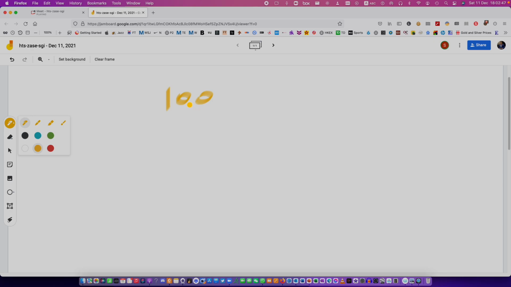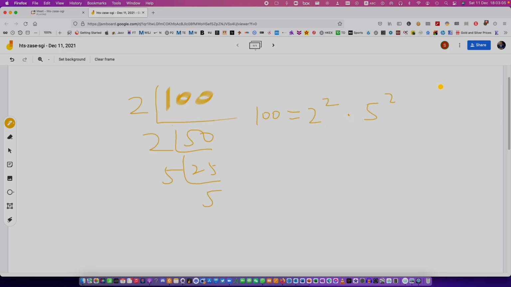Now it's good. So when you have 100, you need to do the prime factorization. You divide by 2, you get 50. Divide by 2, you get 25. Divide by 5, you get 5. Then you write down 100 is equal to 2 to the power of 2 times 5 to the power of 2. I think you have no more problem with this, right?